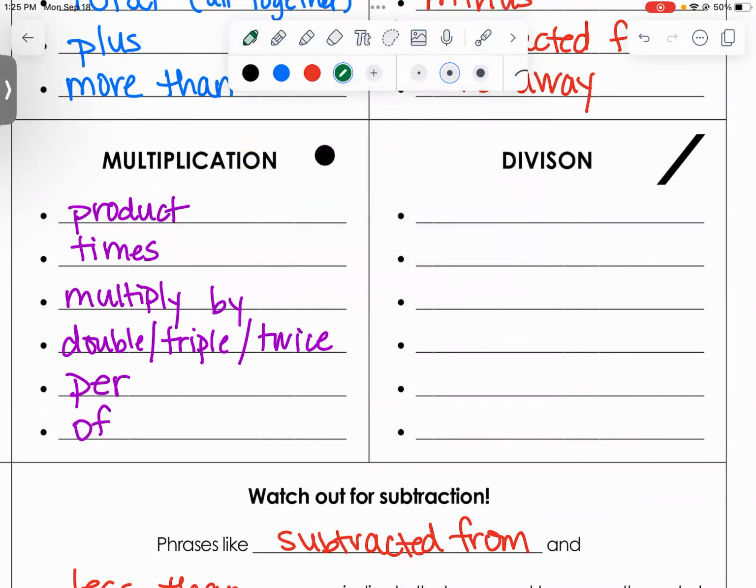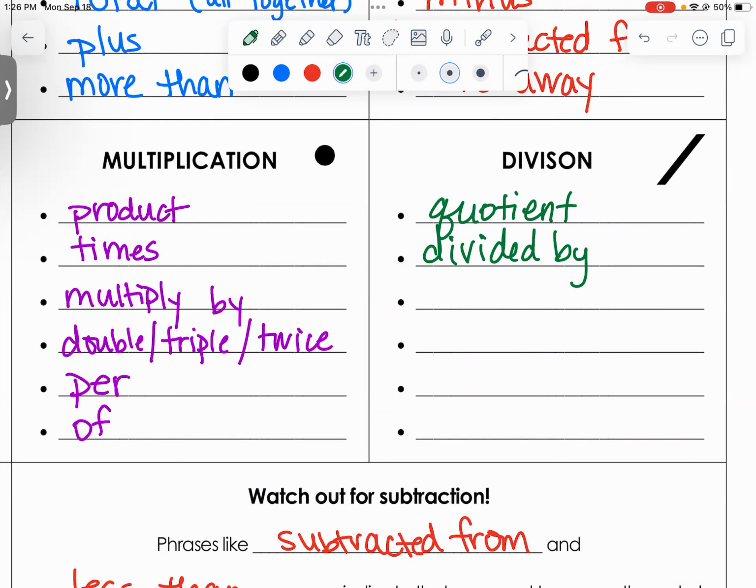What is it? Quotient. I knew what you meant. Divided by. Okay.